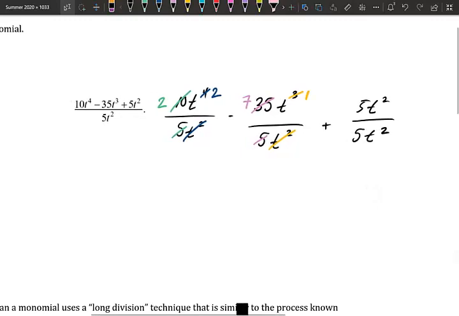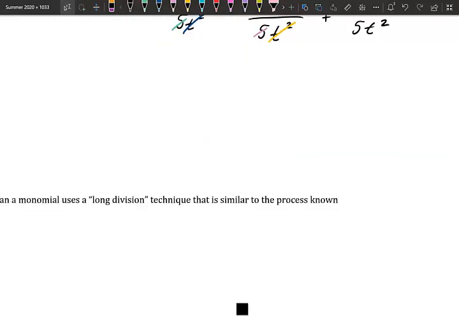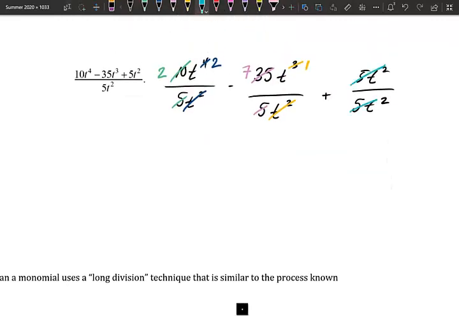And then 5t squared and 5t squared, those are the same exact numbers. When they're the same exact numbers, they do cancel each other out, but we're left with 1. So it's just like 4 over 4, isn't that 1? So 5t squared over 5t squared, that's still 1. Alright, now let's write what we have left over. We have 2t squared over nothing, so minus 7t to the 1st.